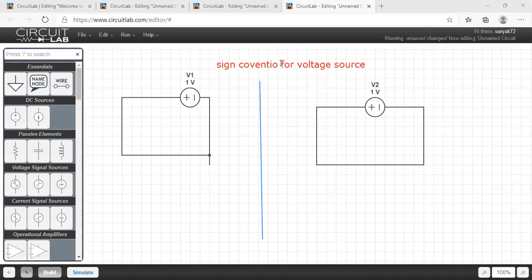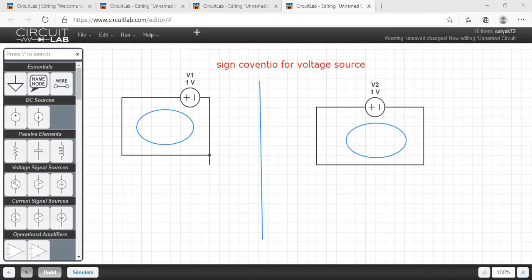Whenever a voltage source comes here, only check the loop currents. No need to check branch currents. But whenever a resistance comes, check both branch and loop, whereas for a voltage source, check only the loop.